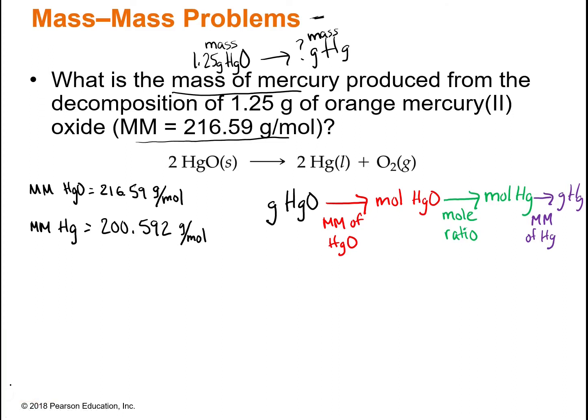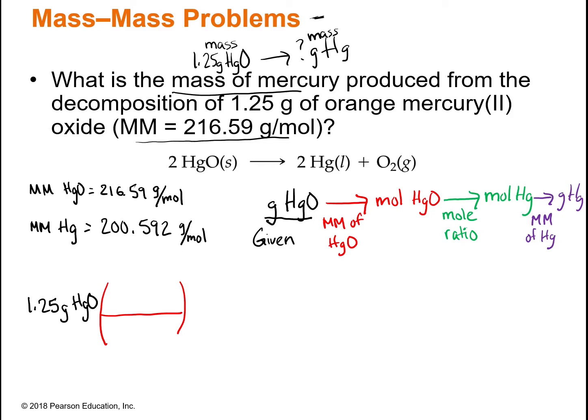Now let's write all of this out. This is our given information. That's what we're starting with. The 1.25 grams of mercury 2 oxide. Our first unit factor is going to involve the molar mass of mercury 2 oxide.